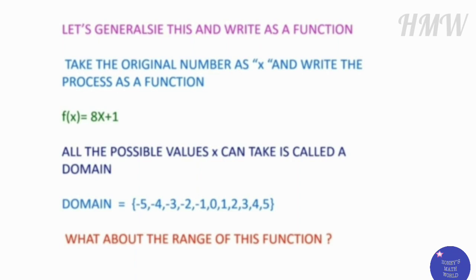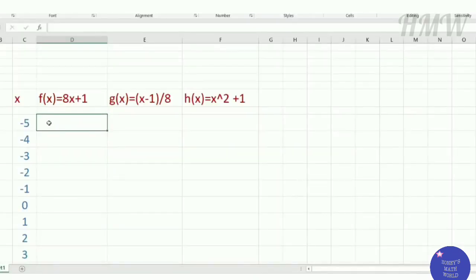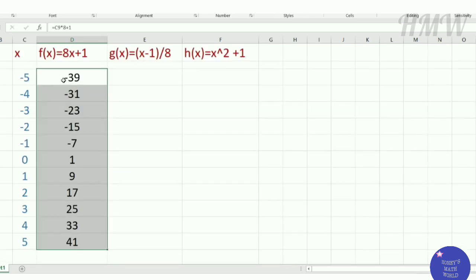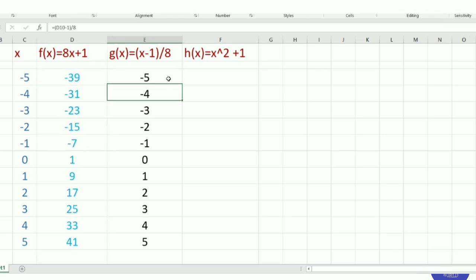What about the range of this function? To find the range, let us see this spreadsheet. The function is 8x plus 1 and we have taken x as -5 to +5. So that is the domain of this function. So f of x will take the values -39 to 41. So x is the domain and f of x is the range.